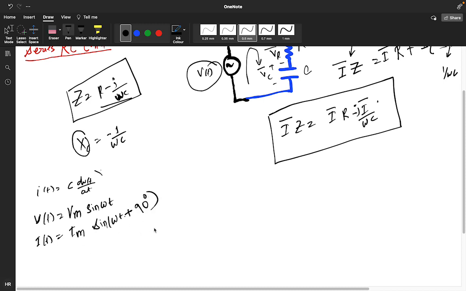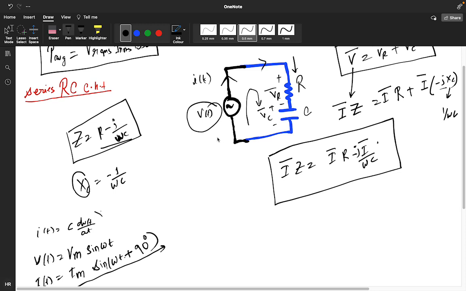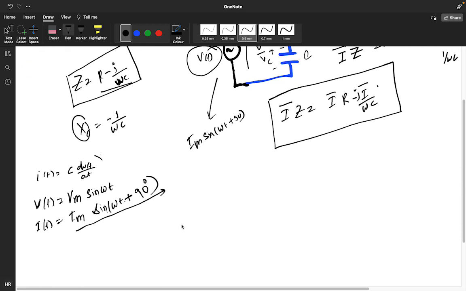So this is your current. In this particular circuit we have a current of Im sine omega t plus 90 degree. If you write this in phasor form, V will be VRMS at an angle of 0 degree.